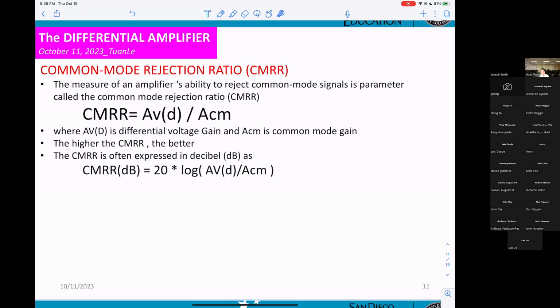To calculate the common mode rejection ratio, you take the differential amplifier voltage divided by the common mode amplifier voltage.